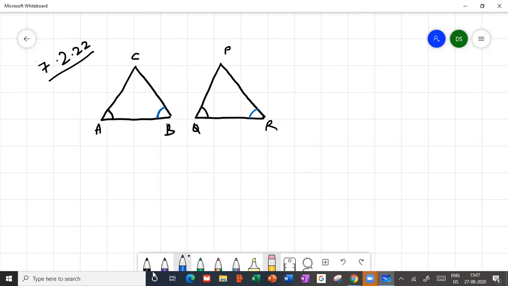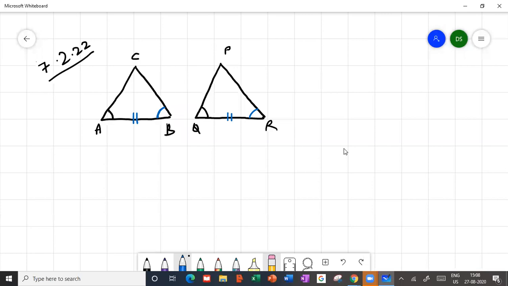Who is going to answer? Okay, Elena says AB should be equal to QR.